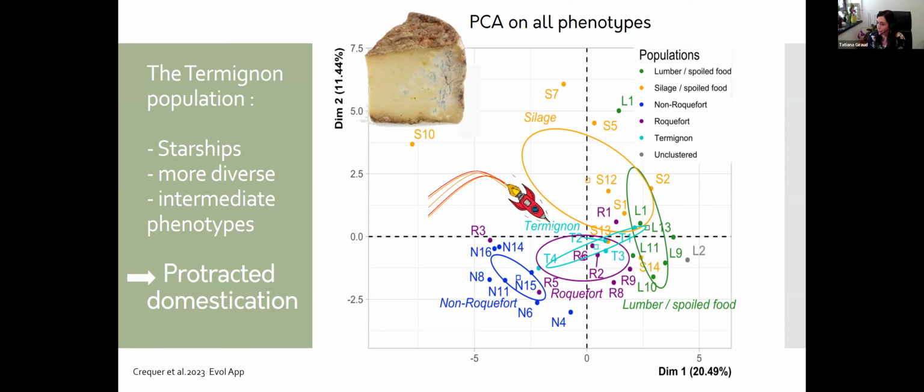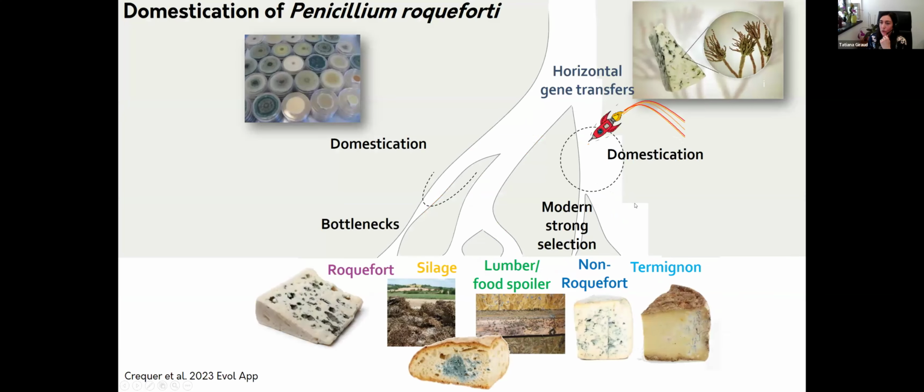So again, it looks like an intermediate step of domestication. The history would be that the Termignon strains are closer to the non-Roquefort population. So maybe it's like the ancestral-like population from which there has been a very strong selection giving the non-Roquefort lineage.